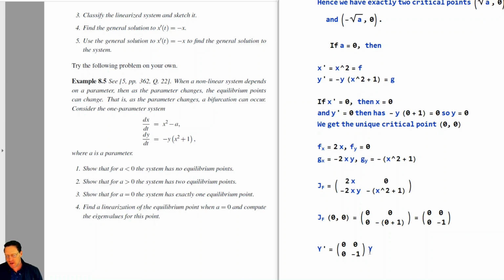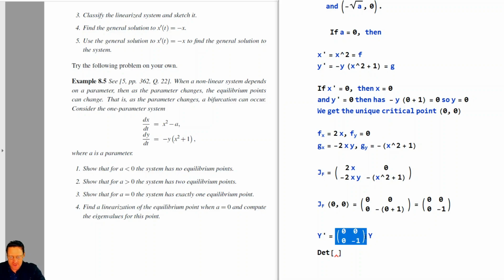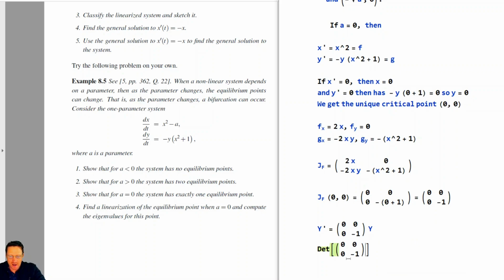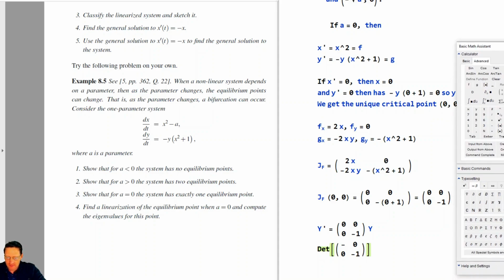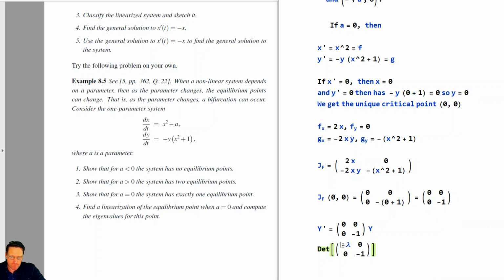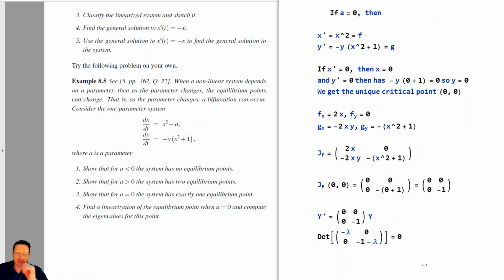Now we're going to compute the eigenvalues for this point. Okay, so the eigenvalues are solutions to det of A minus lambda I equals 0. So if we put in minus lambdas here, and then here as well, equals 0. Okay, we take the determinant of this matrix and we get the product of these two.